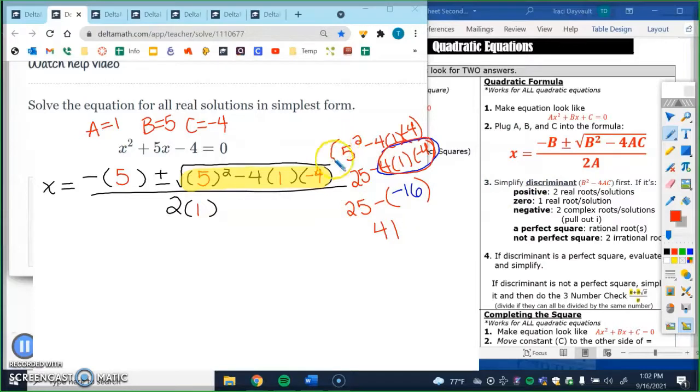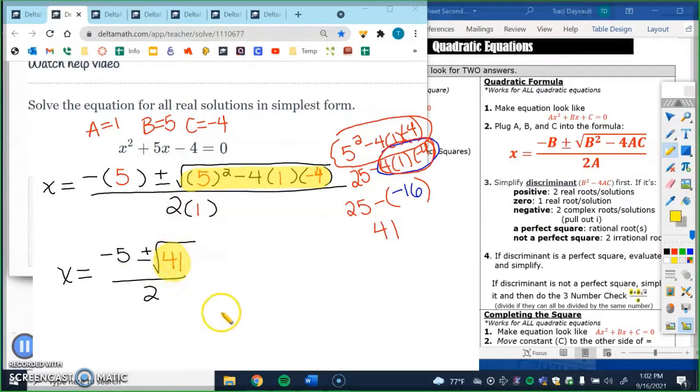So again, if you just type this into the calculator the way it is, it would give you 41. 41 is the discriminant. Okay, so I'm going to put that into my formula. X equals -b plus or minus, and I got 41 there, all over 2 times 1, which is 2.